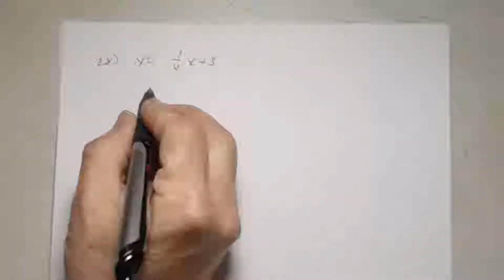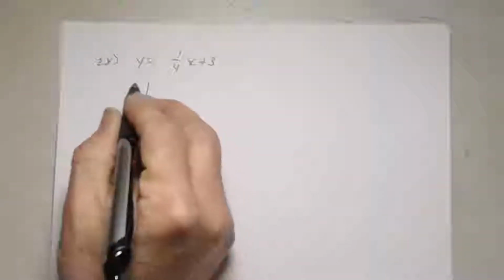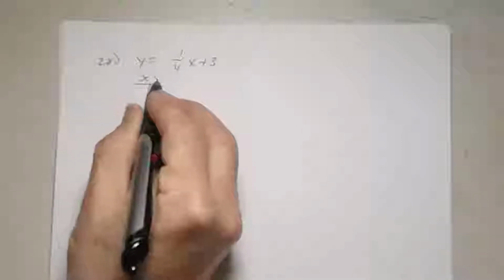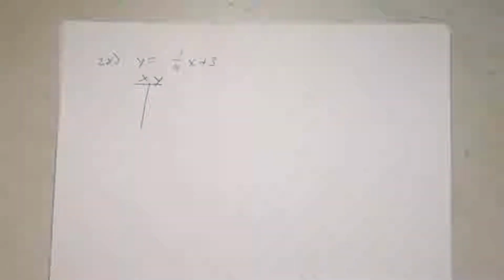Again, y is by itself, so that's the easy kind, when y is already by itself. We use a t-table. Again, the nice number to use for x is always 0. The first thing you should always use is 0.